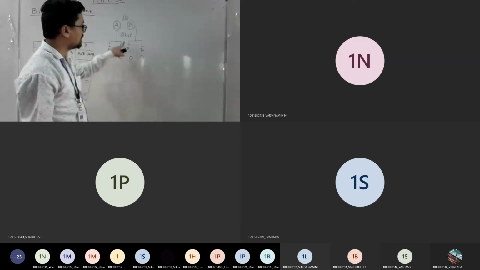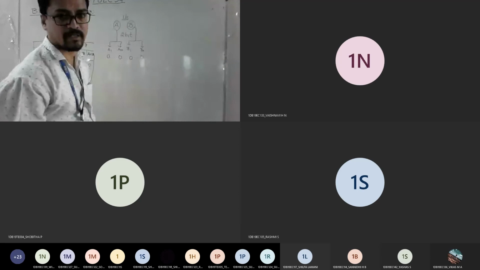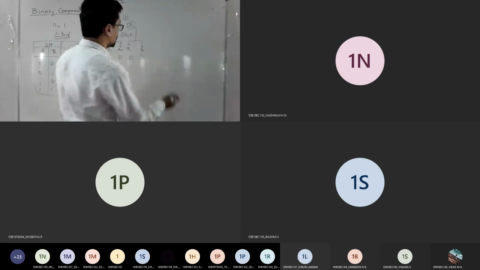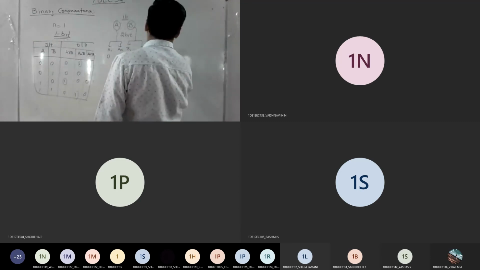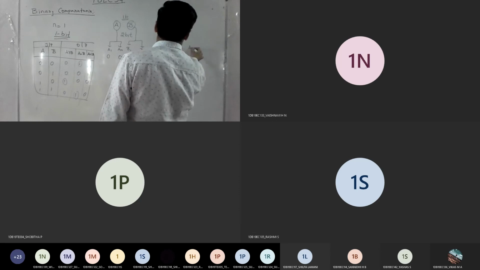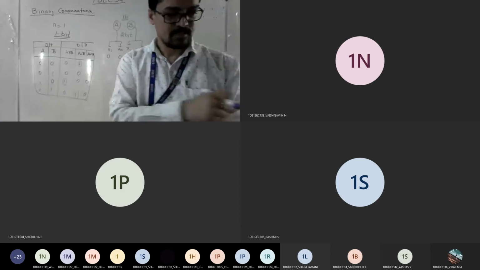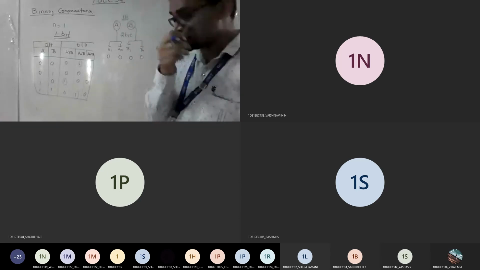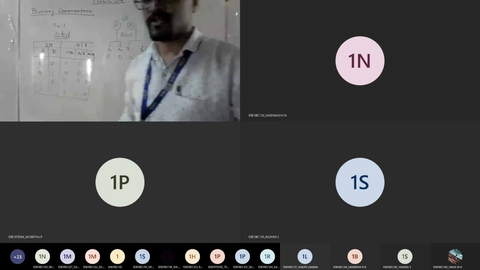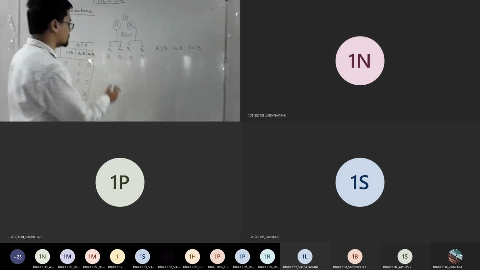Write the truth table. Inputs are now split into A0, A1, B0, B1. Similarly, outputs are 3: greater than, equal to, and less than. Fill this, everyone. There are 16 combinations, and I want you to tell the answers for each output.